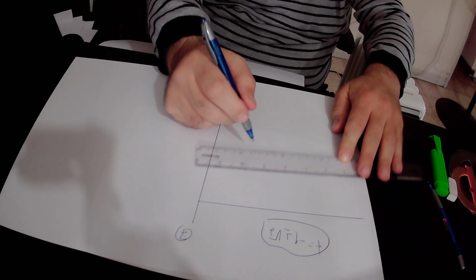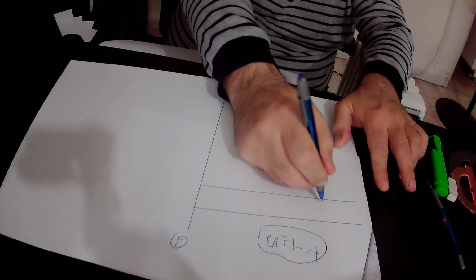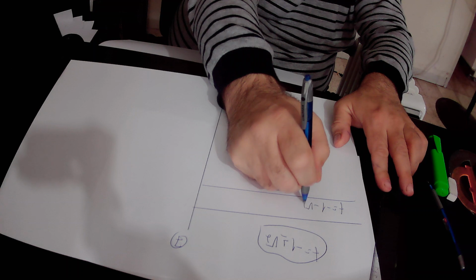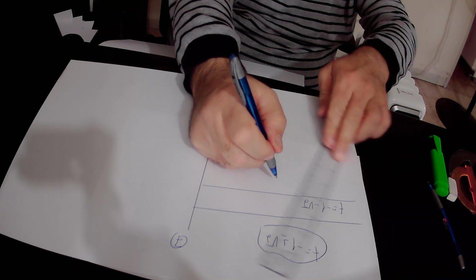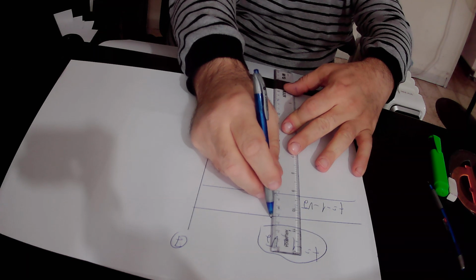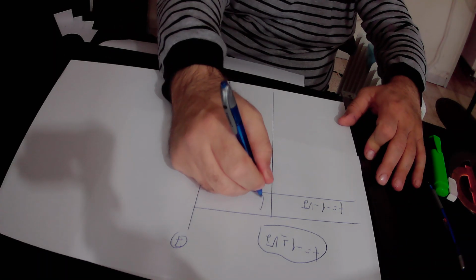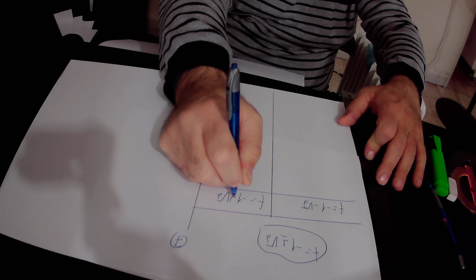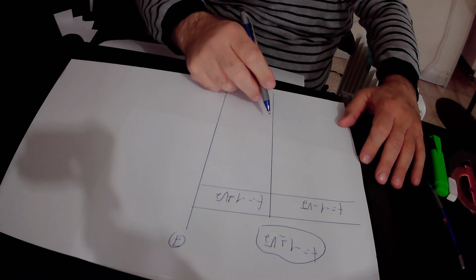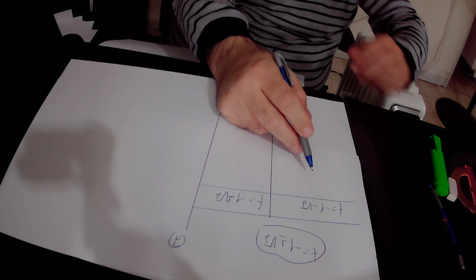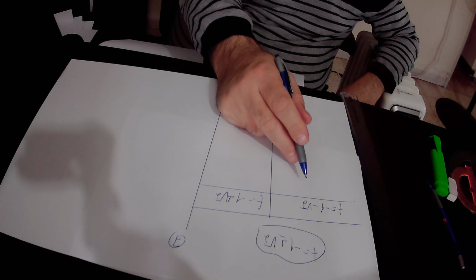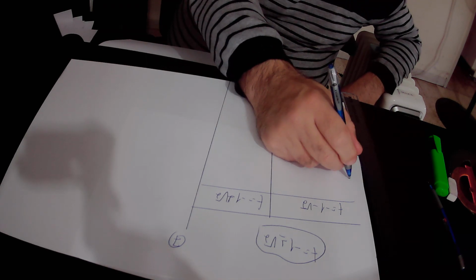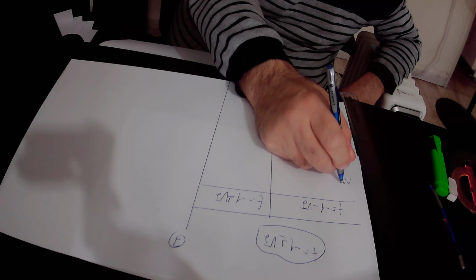The first solution for t is that t equals minus 1 minus square root of 2. And the second possible solution is that t equals minus 1 plus square root of 2. According to the first solution, minus 1 minus square root of 2 is a negative number, so t is a negative number.